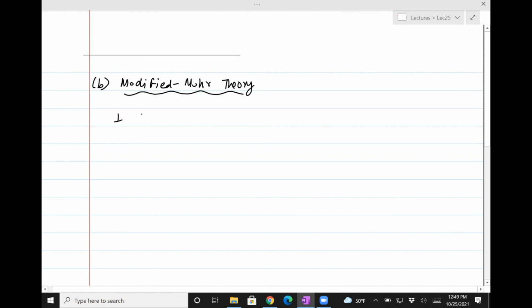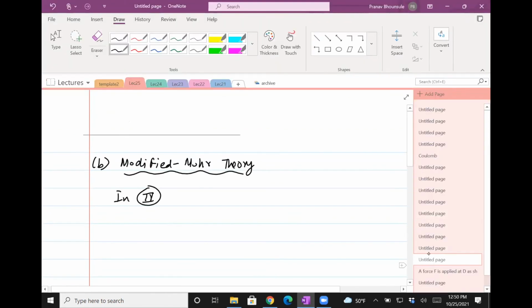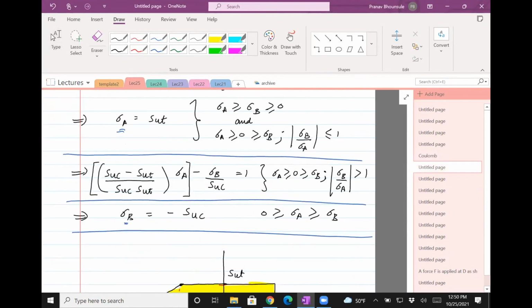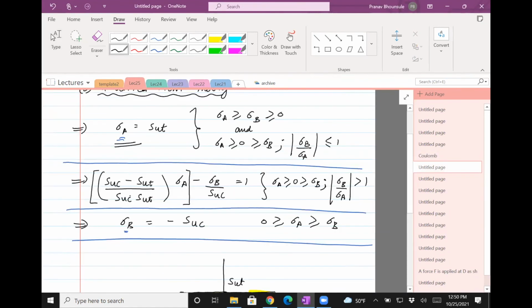So in quadrant 4, if you plug the equations, you'll see that they depend on the ratio of sigma B divided by sigma A. So either you use this equation or you use this equation. They all depend on this ratio, right? Sigma B divided by sigma A. So let's just find that ratio. And I'm going to go 1 minute over time, but let me try to finish this today.